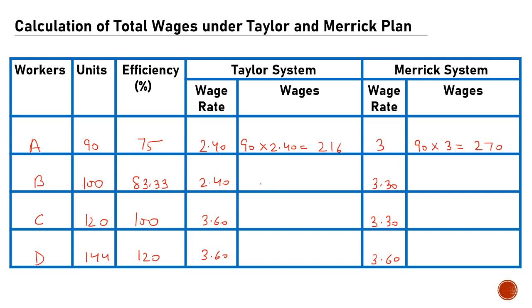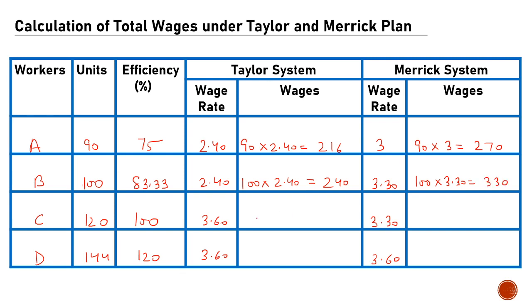Now B manufactured 100 units and wage rate per unit under Taylor plan is 2.40. So his total wages is 240, and in case of Merrick system he manufactured 100 units and wage rate per unit is 3.30. So in this case also his total wages are more in case of Merrick plan, that is 330 rupees.